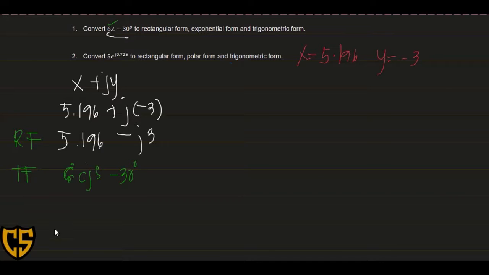So ang kulang to na lang subong is our exponential form. So anong kinahanglan naton for exponential form? Ang aton nga exponential form has a general form nga r e raised to the power of j theta. So, take note lang, given kita sang r, meron na kita value sang r. Pero wala pa kita sang value sang theta dere.